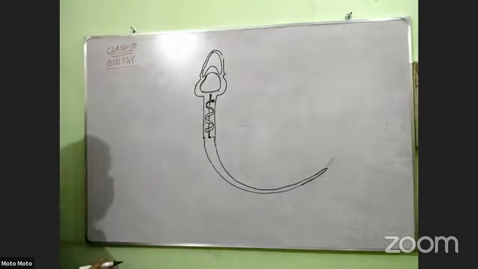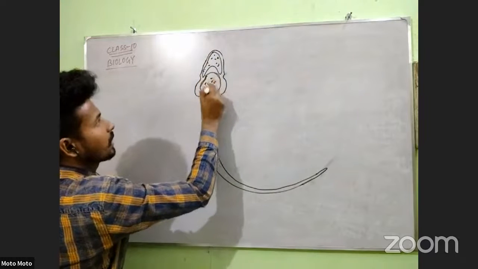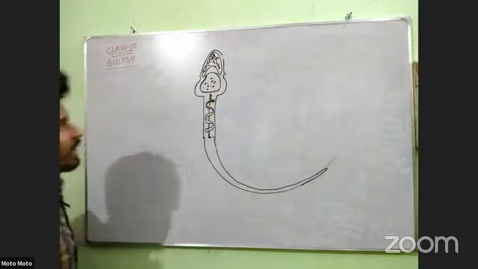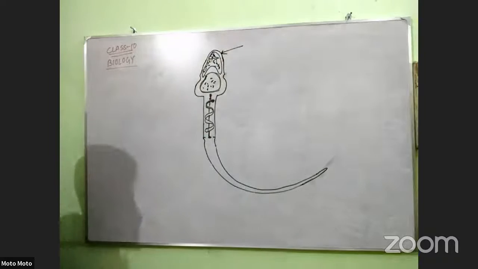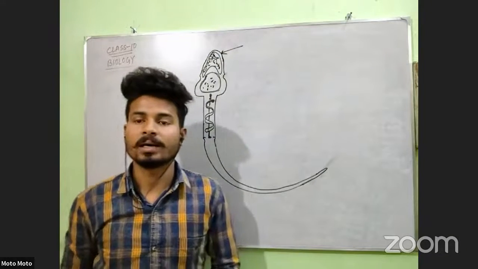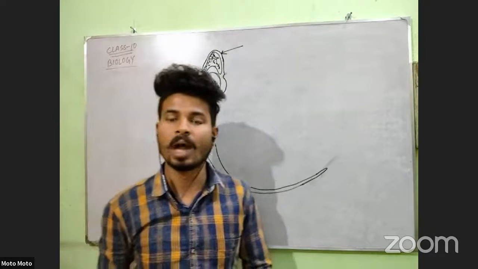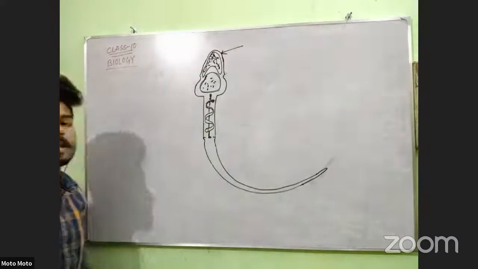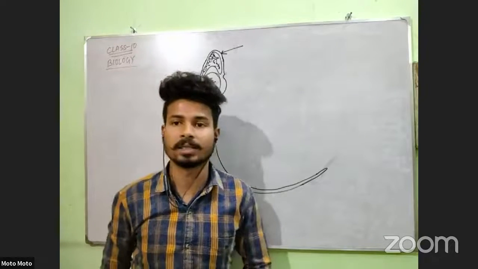So this is the diagram of the sperm cell. As you can see, in the upper section we have an outermost covering. Can you tell me what the outermost layer of a single cell is called? This is related to the chapter on the cell, which is in class 9.